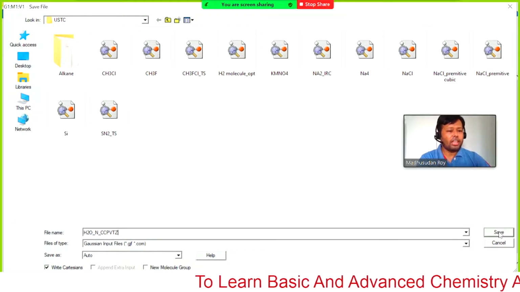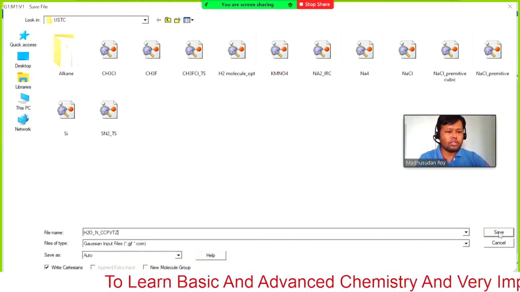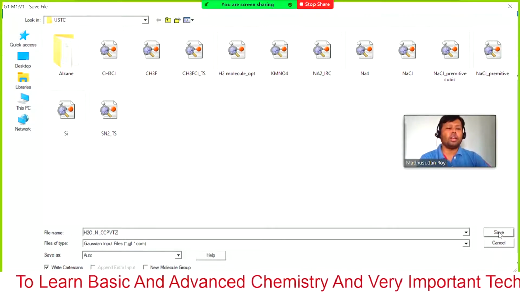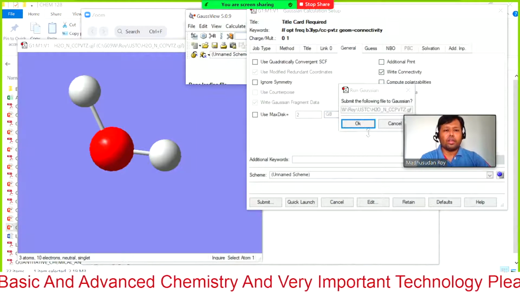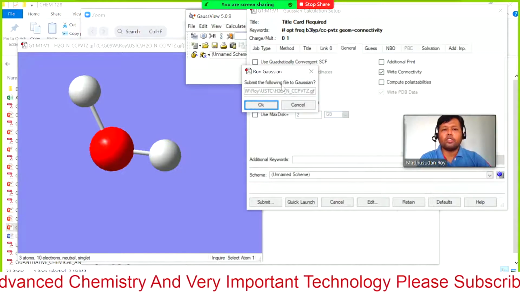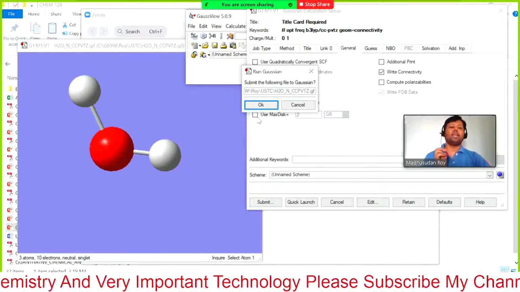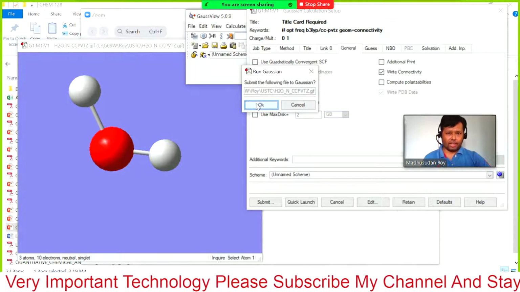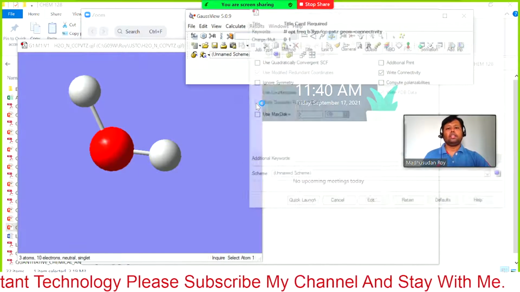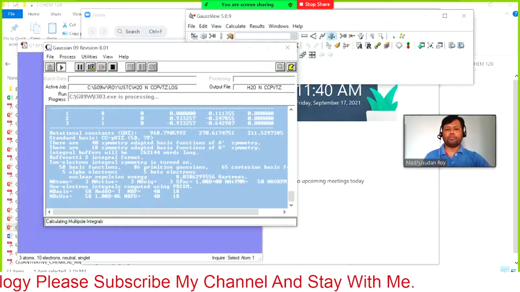Now just save, and when you save it, automatically it will start the calculation. So this is submitting the following file to Gaussian, that means it will start the program to run. Okay, now it is performing.